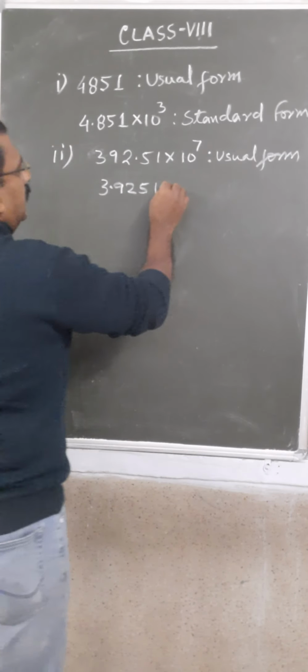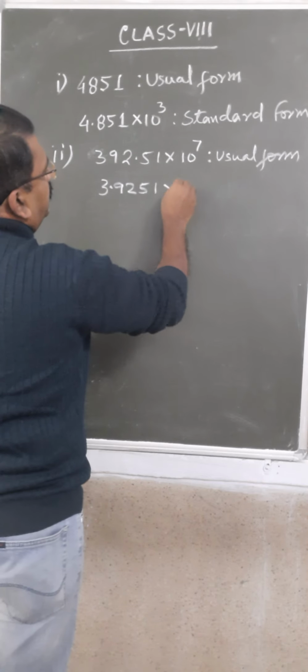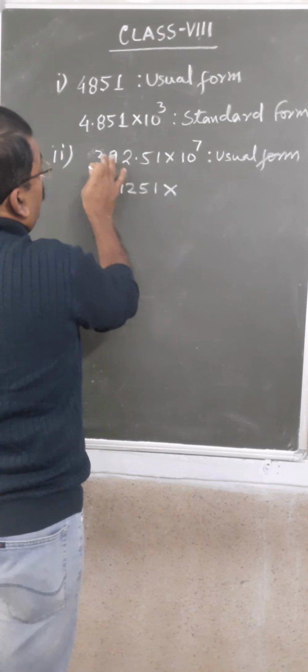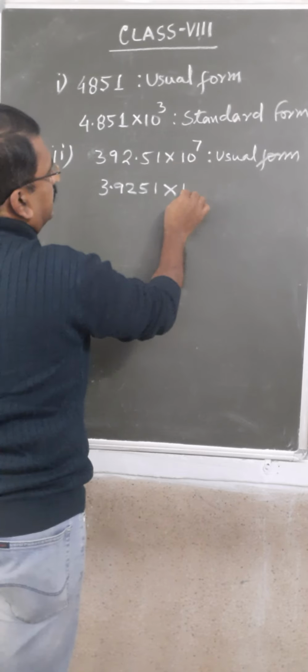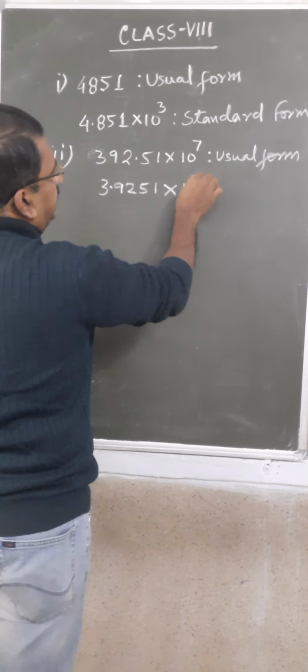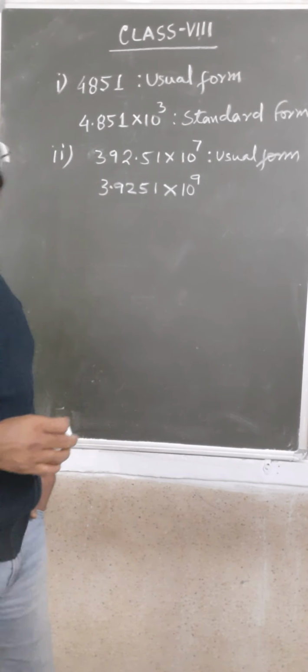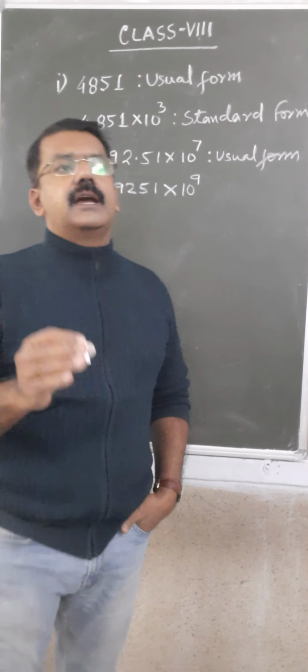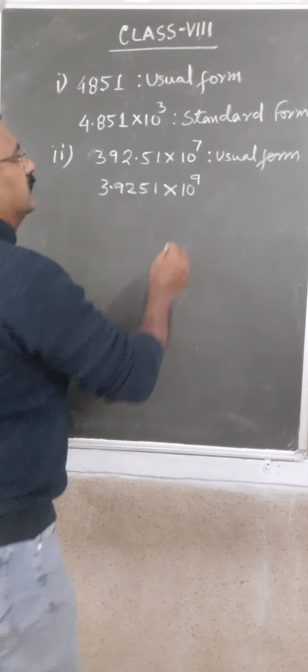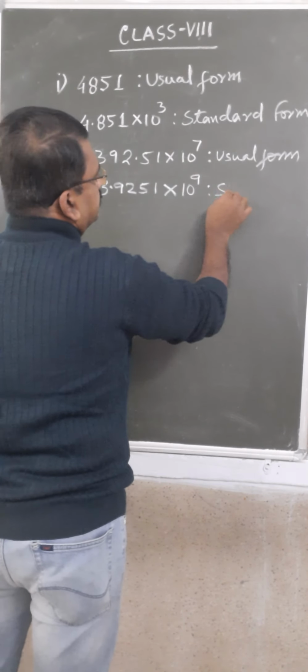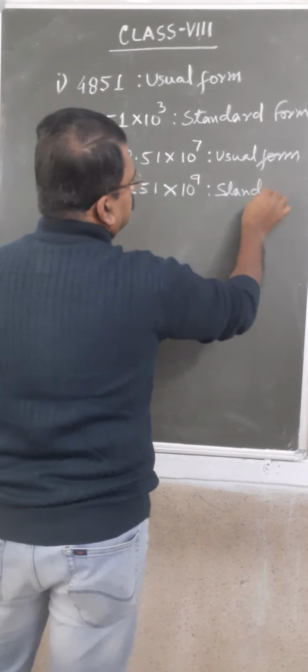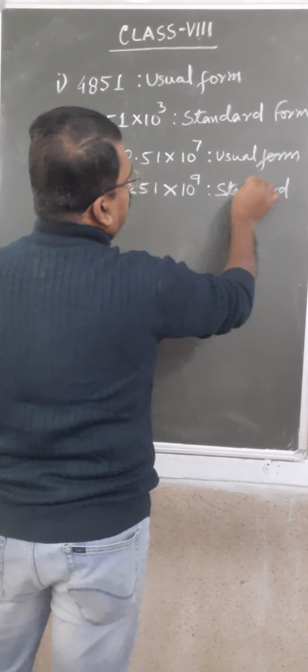And as you have shifted the decimal 2 places towards left, the power will increase by 2 units. So it will be 10 to the power 9. So 3.9251 into 10 to the power 9, that is your standard form.